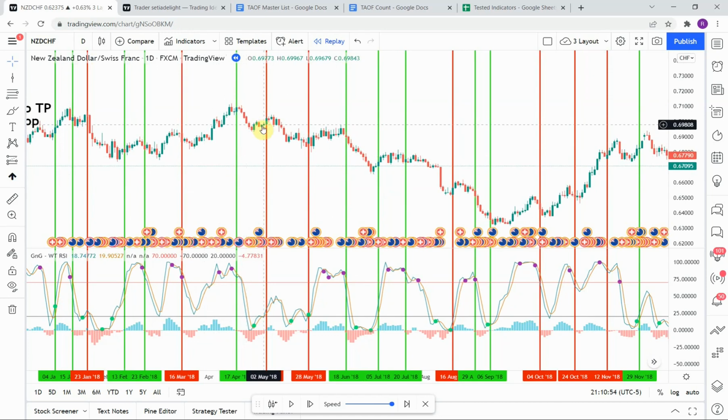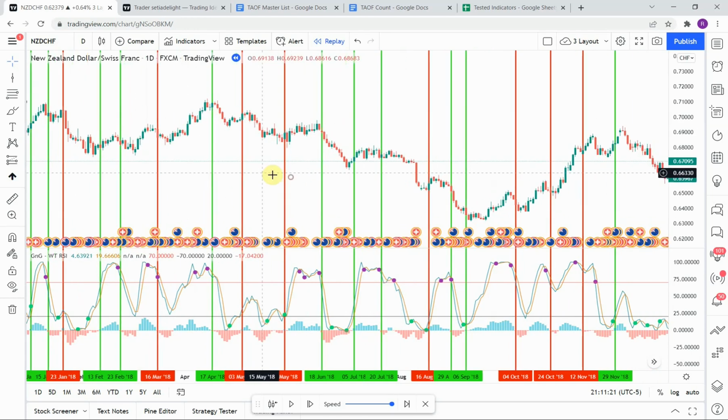But what that leads to are instances where even minute pullbacks, like you see right here in this area, just a minute pullback or correction in the market before it then continues in the overall direction. Same thing right here. Each little correction that it takes, it thinks that the market is reversing, and so it throws a signal in the opposite direction, and that causes it to take just kind of unnecessary losing trades.